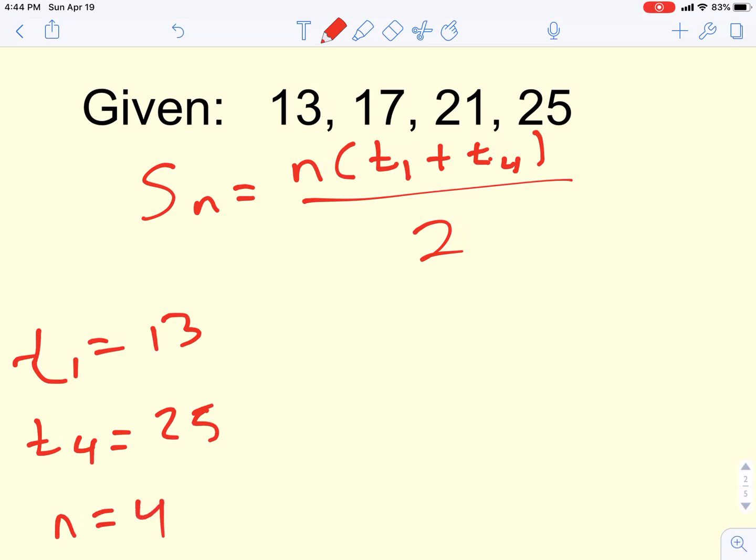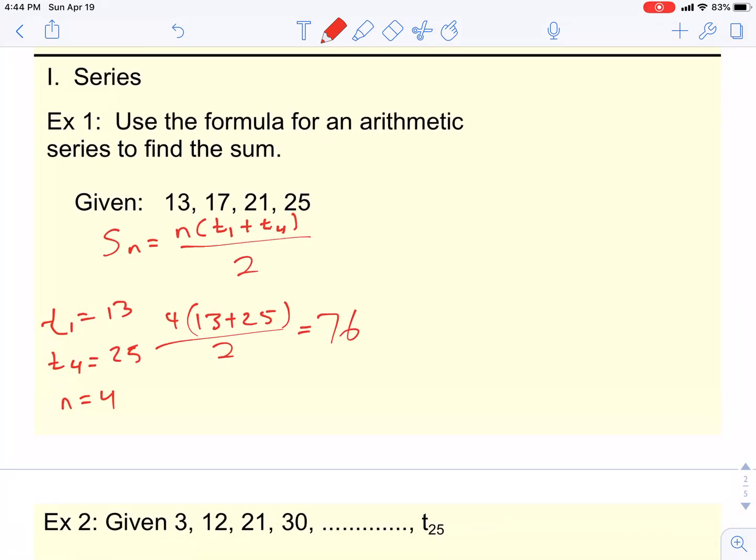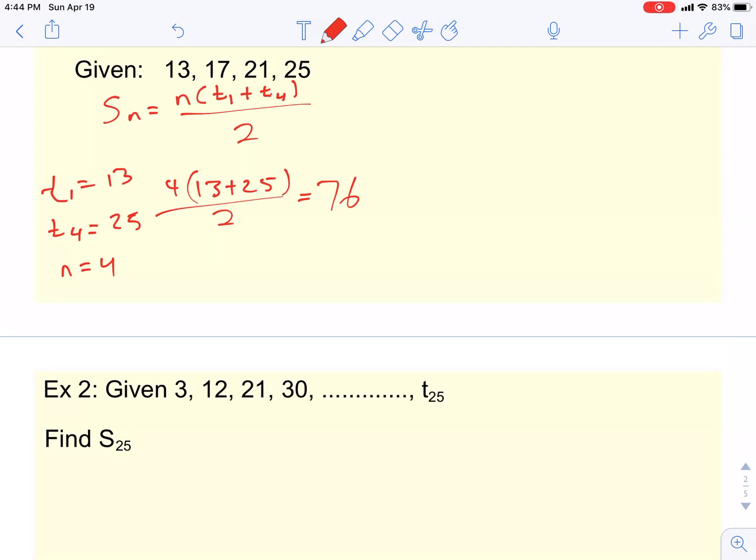We would take 13 plus 25, multiply it by 4, and then divide by 2. So 13 plus 25 times 4 divided by 2 gives you a grand total of 76. Not bad so far. Again, you could have done 13 plus 17 plus 21 plus 25, got 76.